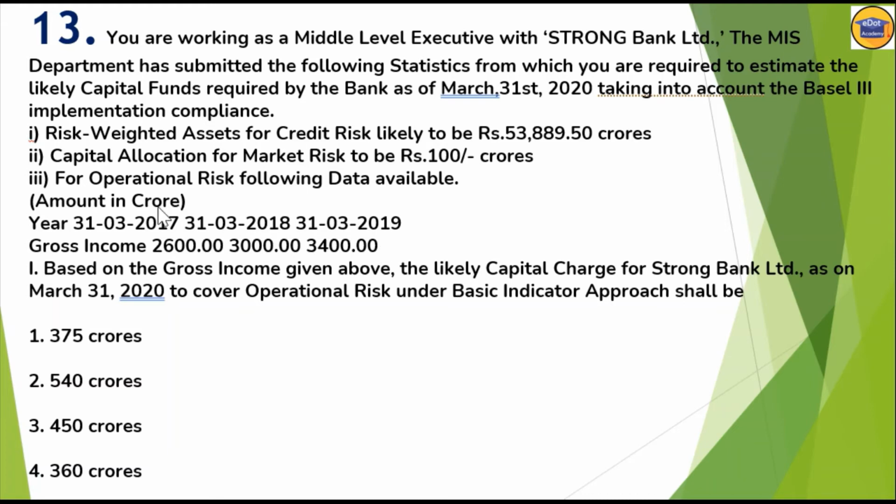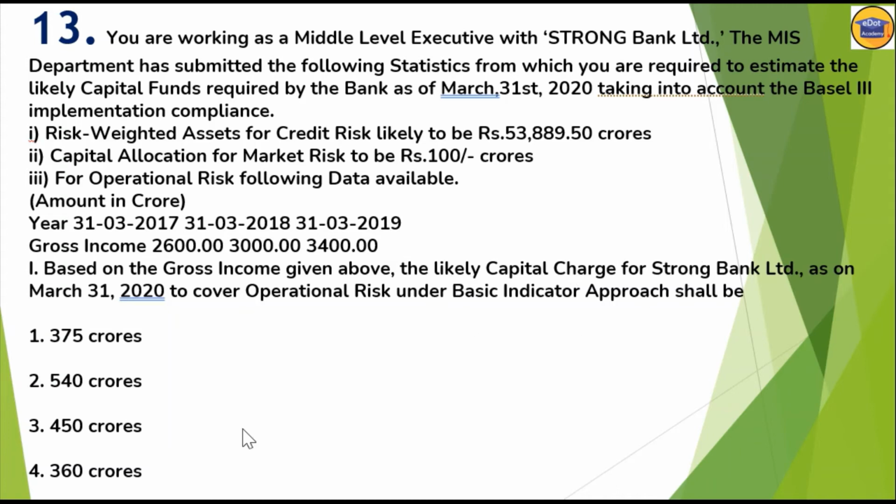Okay. Based on the gross income given above, what is the likely capital charge for Strong Bank Limited as on March 31st, 2020 to cover the operational risk under the basic indicator approach? This is the main point here. They are asking the capital charge as per the basic indicator approach.